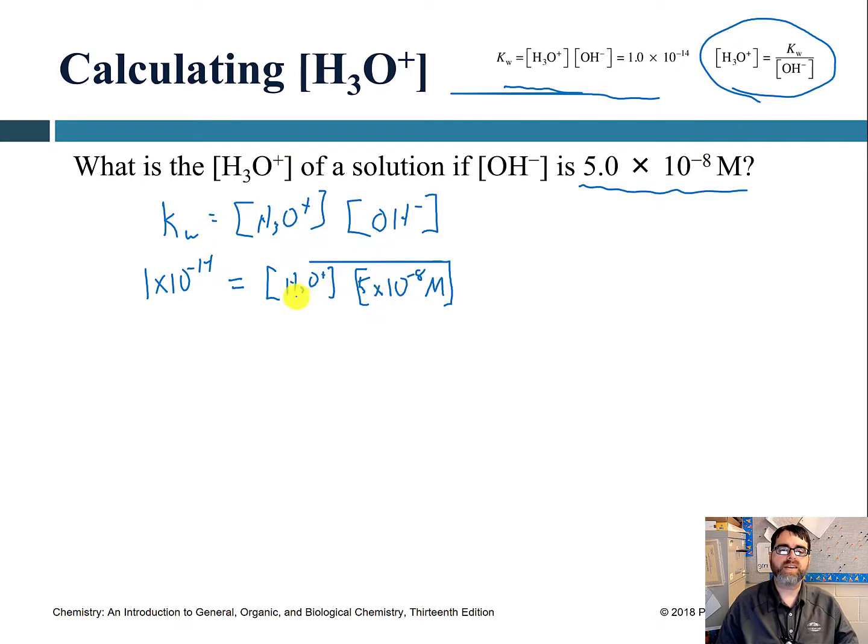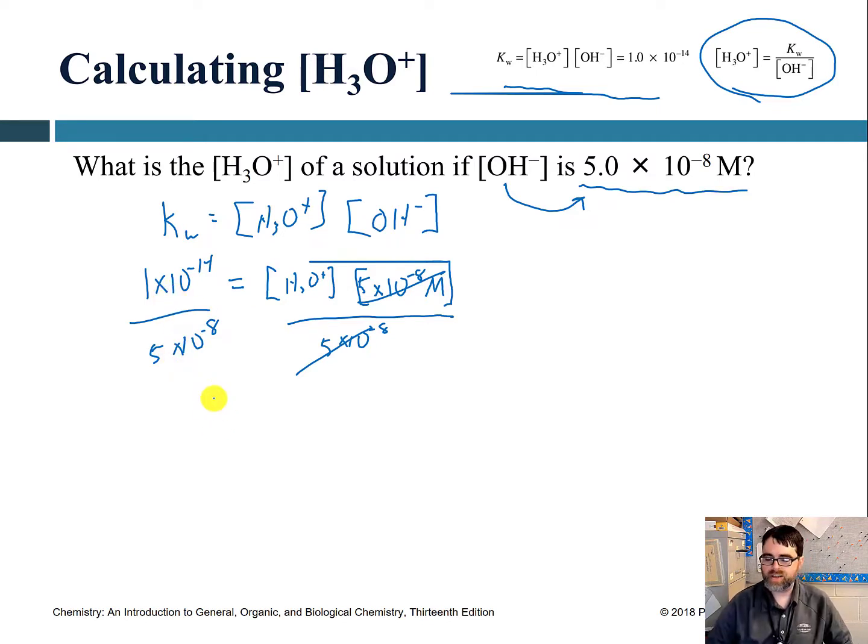Anyway, so now we have this. To get the hydronium alone, we're going to divide both sides by 5 times 10 to the negative 8th. This here is the hydroxide concentration, which of course I just got from the problem. That's going to cancel out over here. We're going to divide by 5 times 10 to the negative 8th over here, and then I need a calculator.